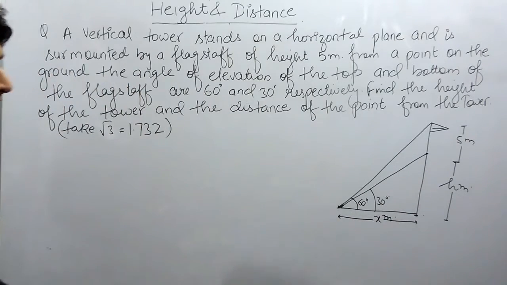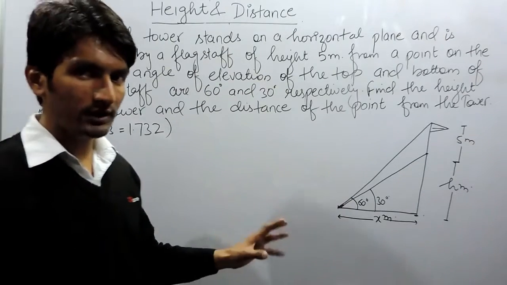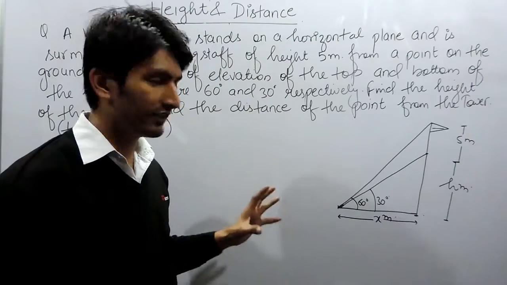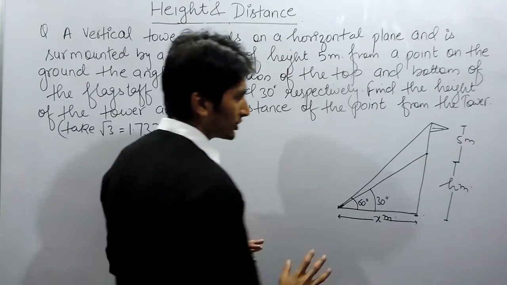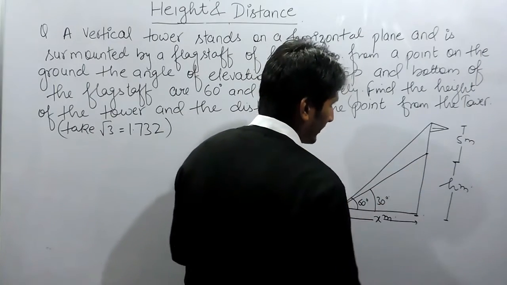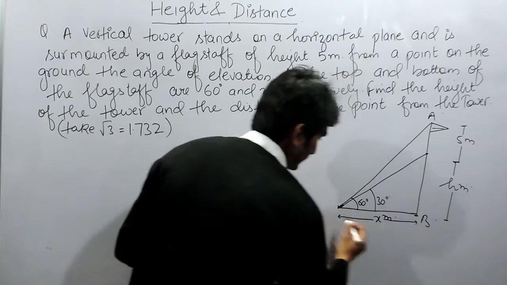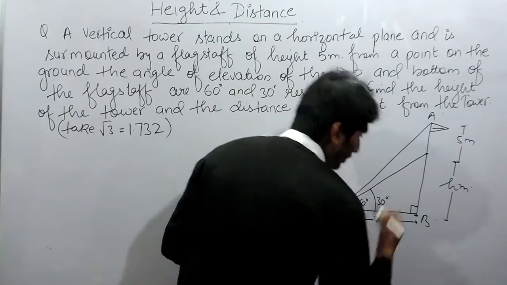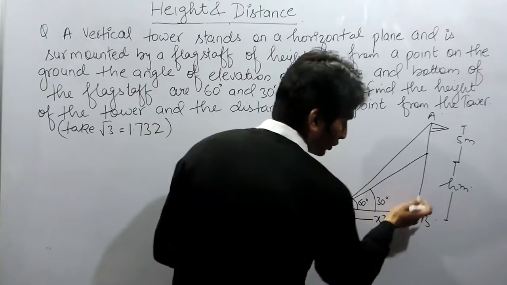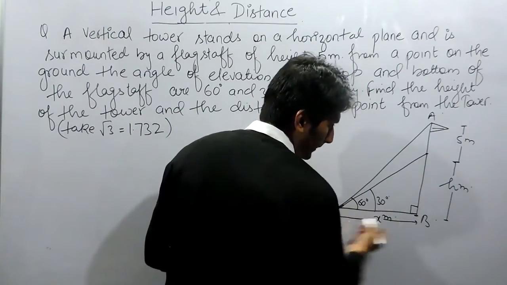I have already explained in the previous videos that the figure is important. If you are able to draw the figure, then the funda will remain the same for all questions. If I name this A, this B, this C, obviously this tower must be perpendicular to this horizontal ground, or you can say this must make a 90 degree angle with this horizontal plane.